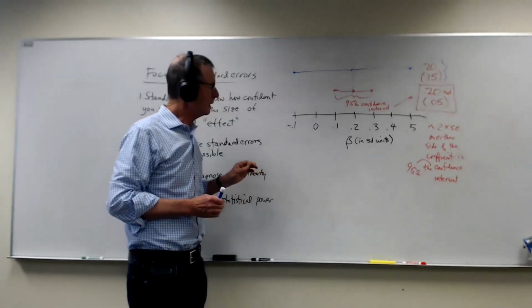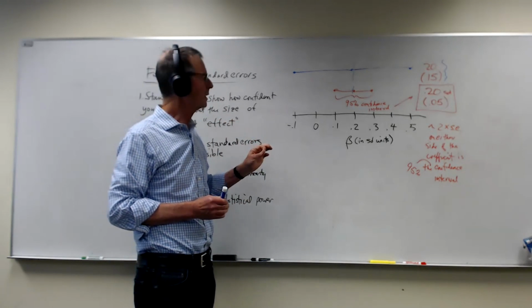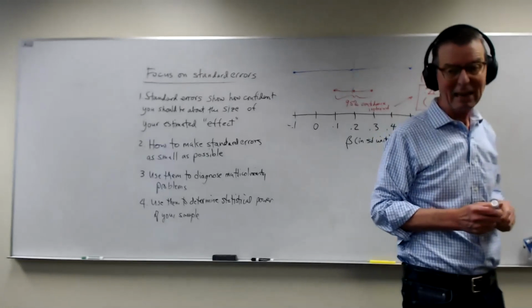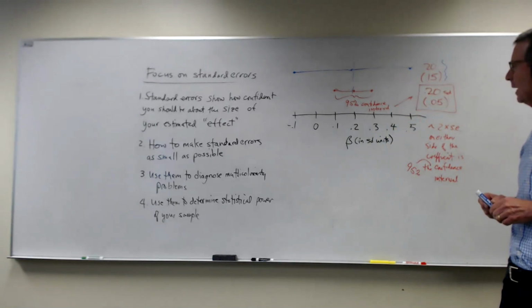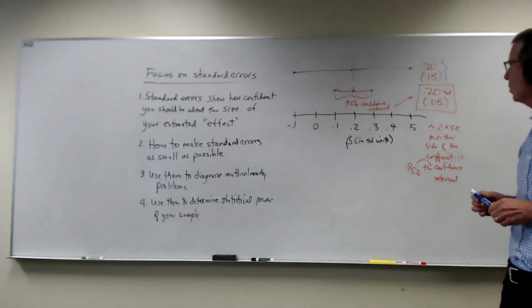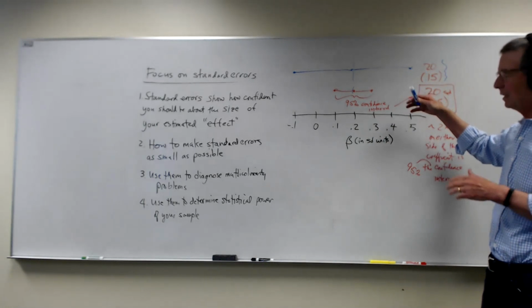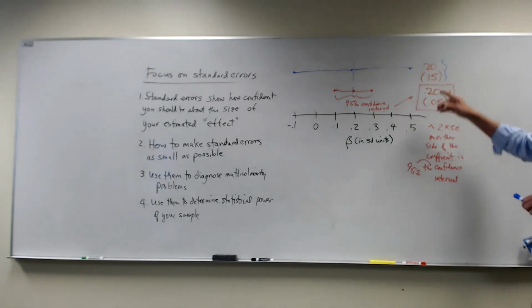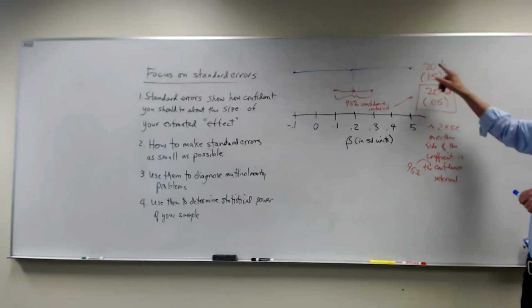That's important because yours may not be the only study out there estimating this impact. There was a big literature early on looking at the effect of class size on student achievement. And a lot of the early studies had relatively small samples. So they were getting estimates of class size, let's say a reduction of 3 students on average was associated with a 0.2 standard deviation increase in achievement.